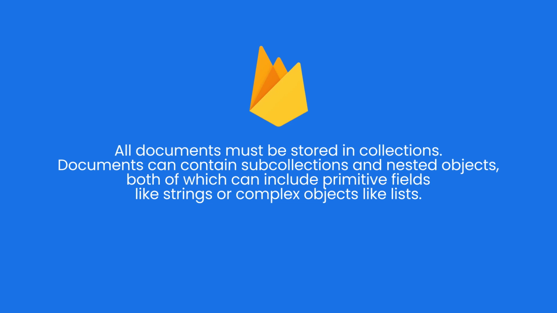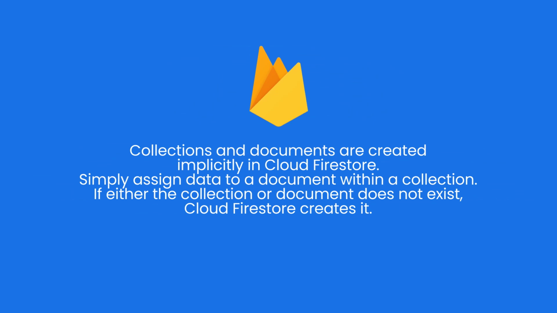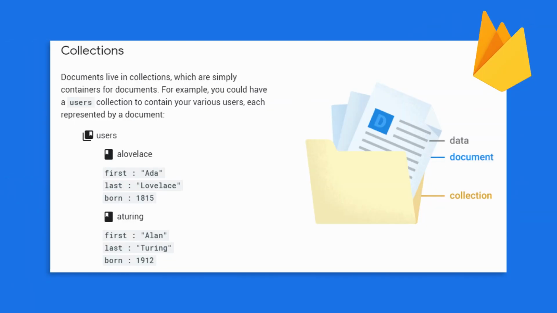Documents can contain sub-collections and nested objects, both of which can include primitive fields like strings or complex objects like lists. Collections and documents are created implicitly in Cloud Firestore; simply assign data to a document within a collection. If either the collection or document does not exist, Cloud Firestore will create it. Documents live in a collection, which are simply containers for our documents.